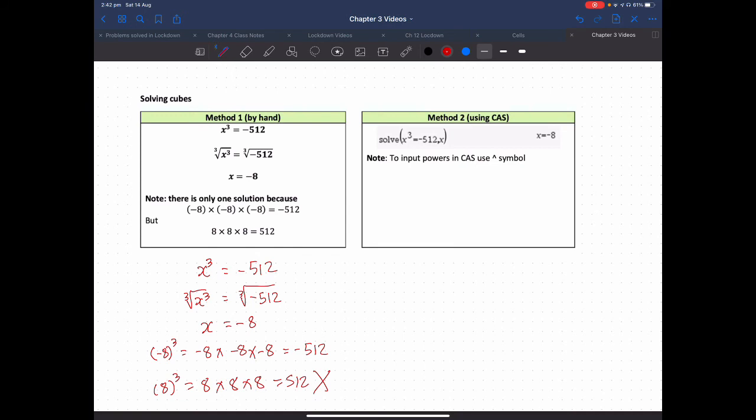So when you're cubing or cube rooting, there's only one answer. Again, looking at my calculator, solve x cubed equals negative 512, x, and you get the answer of x equals negative 8.